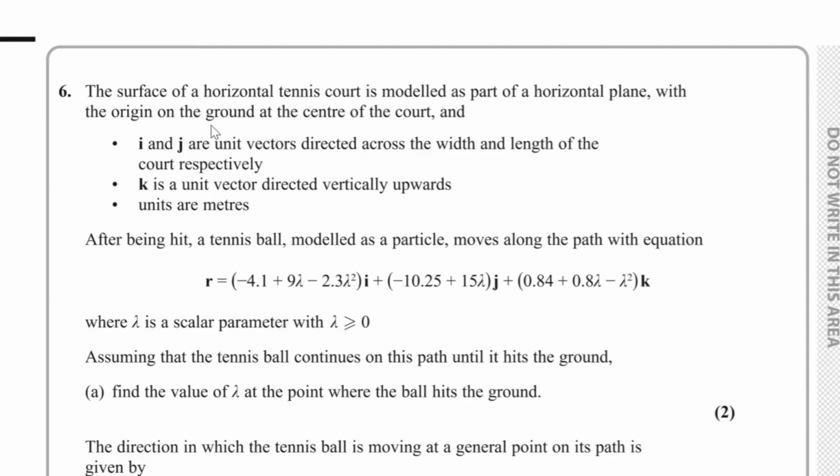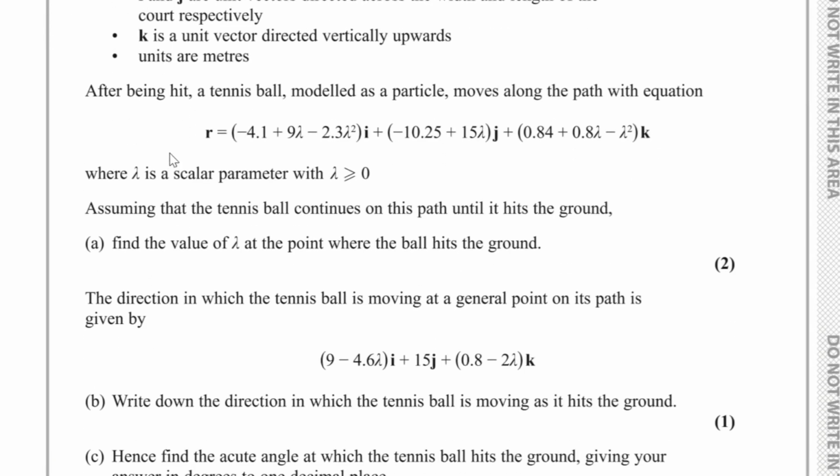Question number 6. The surface of a horizontal tennis court is modelled as part of a horizontal plane with the origin on the ground at the centre of the court, and i and j are unit vectors directed across the width and length of the court respectively. k is a unit vector directed vertically upwards, and the units are in meters, and after being hit, a tennis ball modelled as a particle moves along the path with this equation.